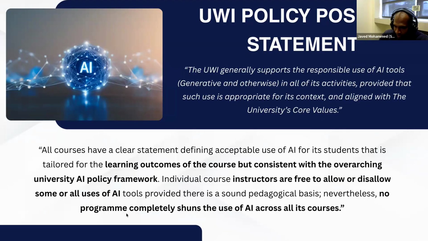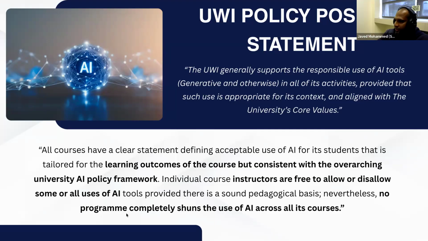It must be tailored to the learning outcomes, and it must be consistent with the overall university AI policy framework. So while you remain consistent with the learning outcomes, making sure AI is helping students achieve them, you want to make sure that you stay aligned to the policy framework. You should get your hands on the policy framework. It is in the document that I shared, with a link taking you to it. Just go through that document so you would be aware.